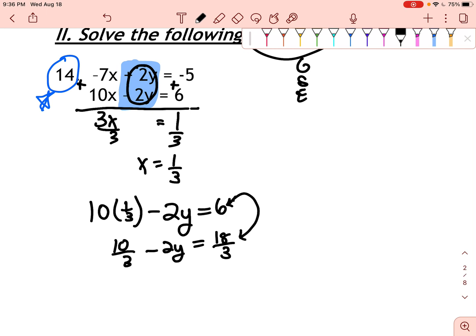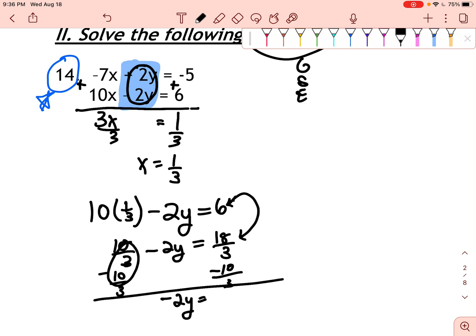They're equal to each other, but I know that I am going to have to subtract 10/3 from both sides. And so it's just going to be easier for me to have the same denominator. Okay, so 18/3 minus 10/3 is 8/3.